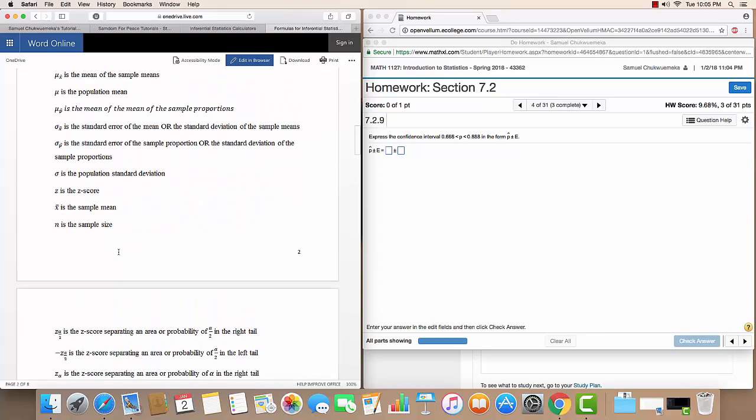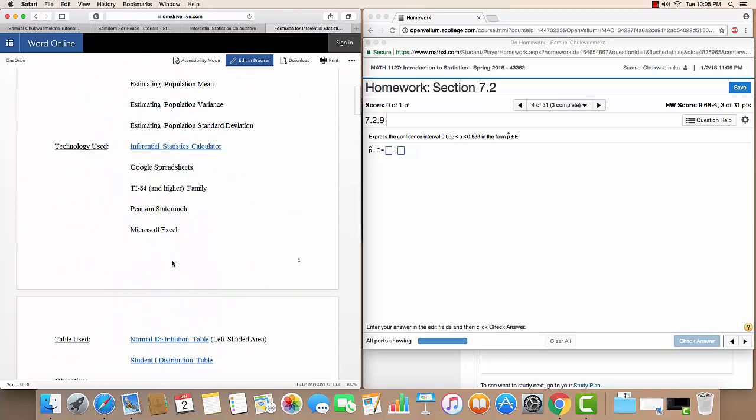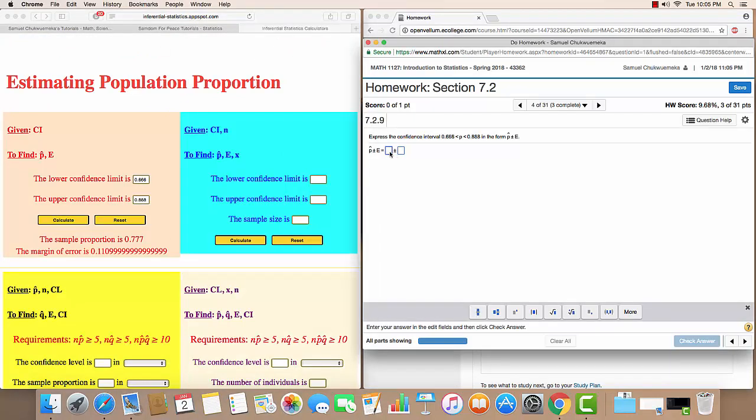So please, that's why I said it's important you read the notes and the formulas first. Okay, so this is the sample proportion here, 0.777, and the margin of error is 0.111.